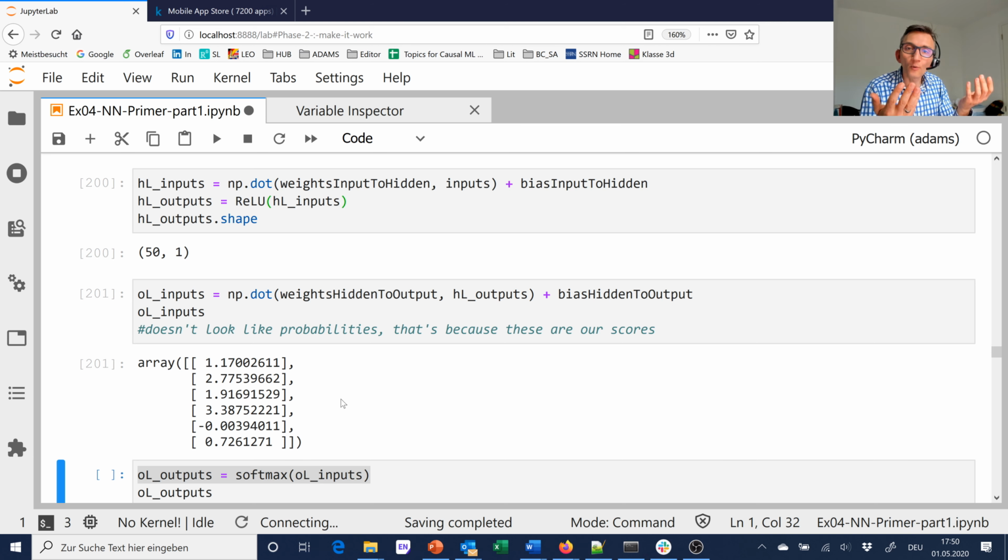It's really a tongue twister. Anyways, we take this signal, this vector here, put it through a softmax function.